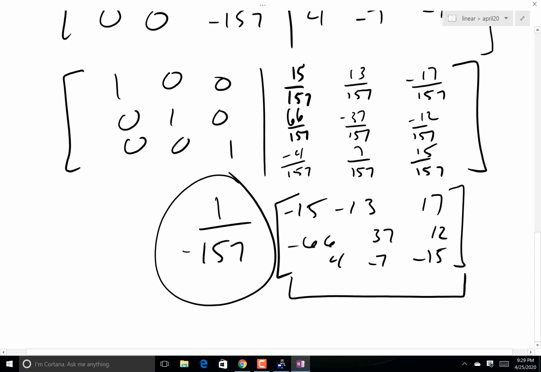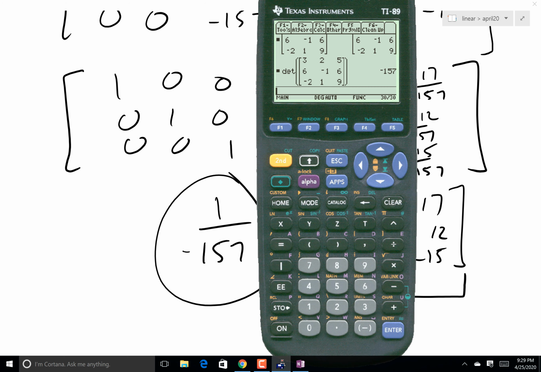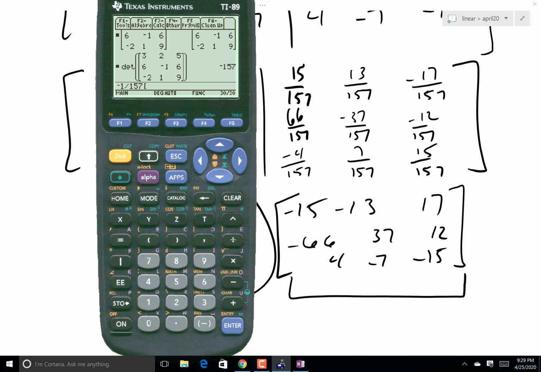Always, always, always, always. Take it to the bank. Now, I can check myself that this is right a couple of ways, but I'm going to do it this way. To prove that I'm correct here, I am going to type in my new matrix. And by the way, I could have left the negatives inside. It wouldn't have mattered at all. I just wanted to show the point of that.